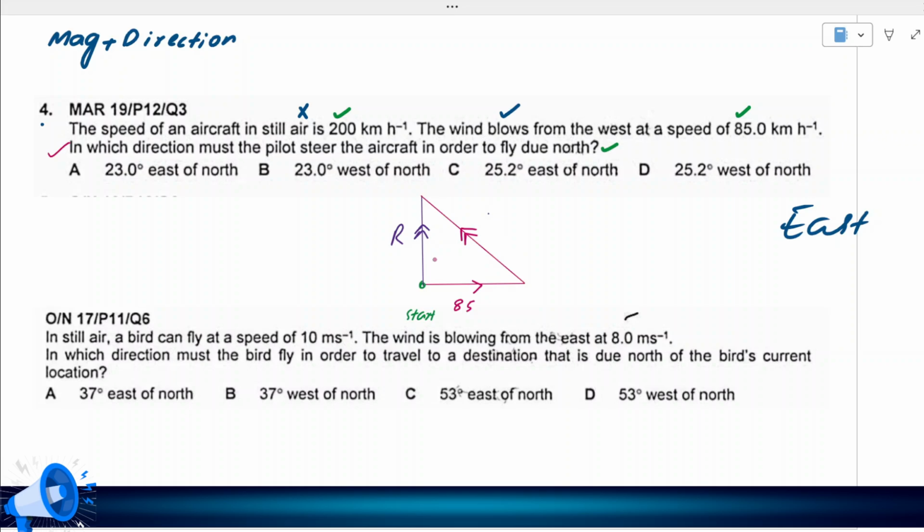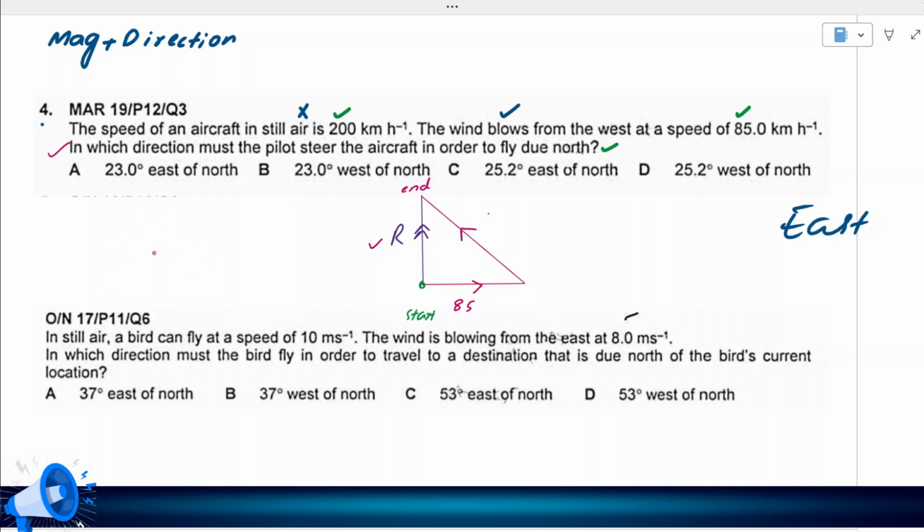Because we know that the resultant vector has to join the start point of the first vector to the ending point of the last vector. So usually you draw the first vector, then you draw the second vector, and then you draw the resultant.